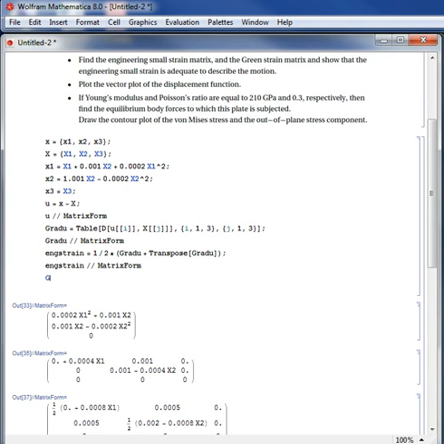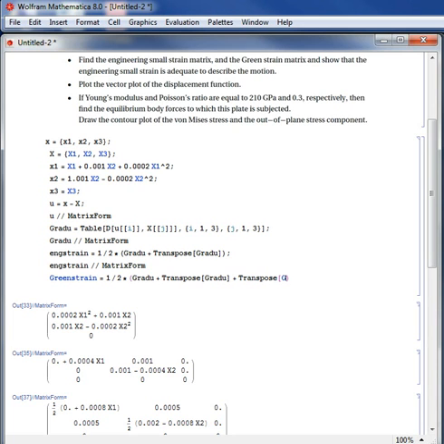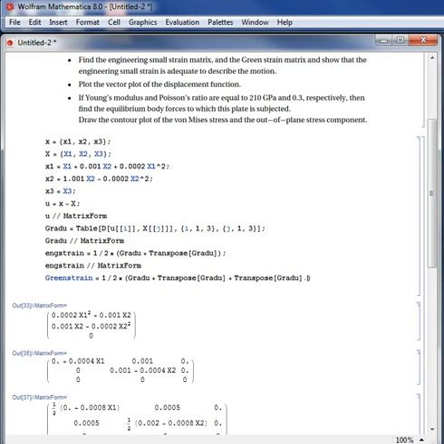The Green strain is equal to half multiplied by the gradient of U plus the transpose of the gradient of U plus the transpose of the gradient of U dot the gradient of U, the two matrices multiplied by each other.